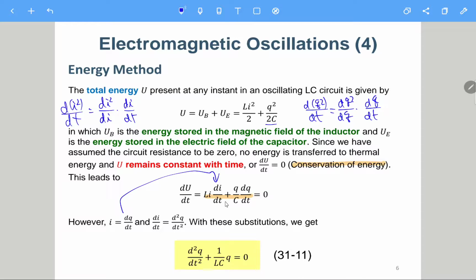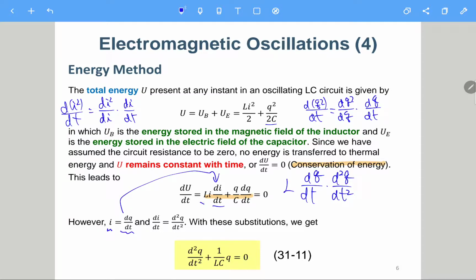So in this case, we can just have I to be dq dt, and then di dt is taking the derivative of I, which means it is d2q dt2, and then we still have L in the front.